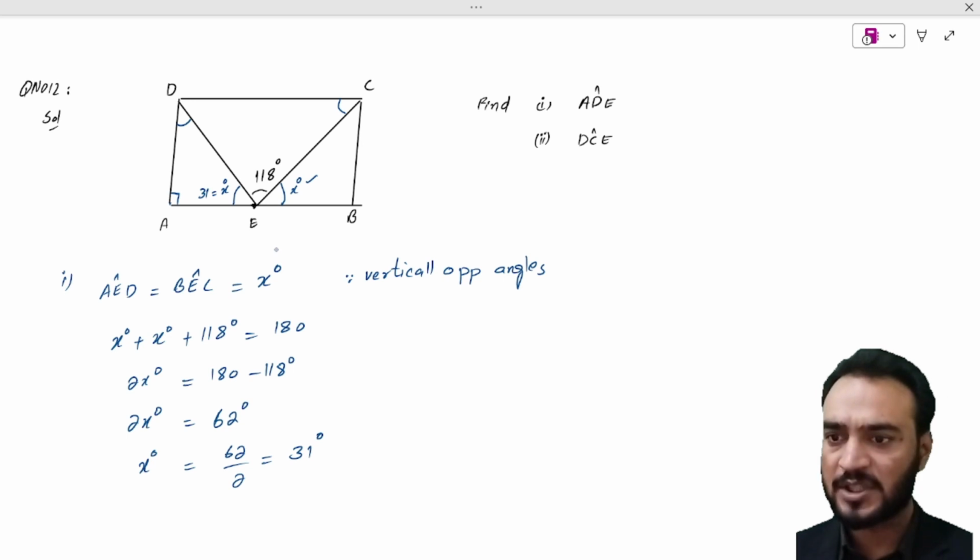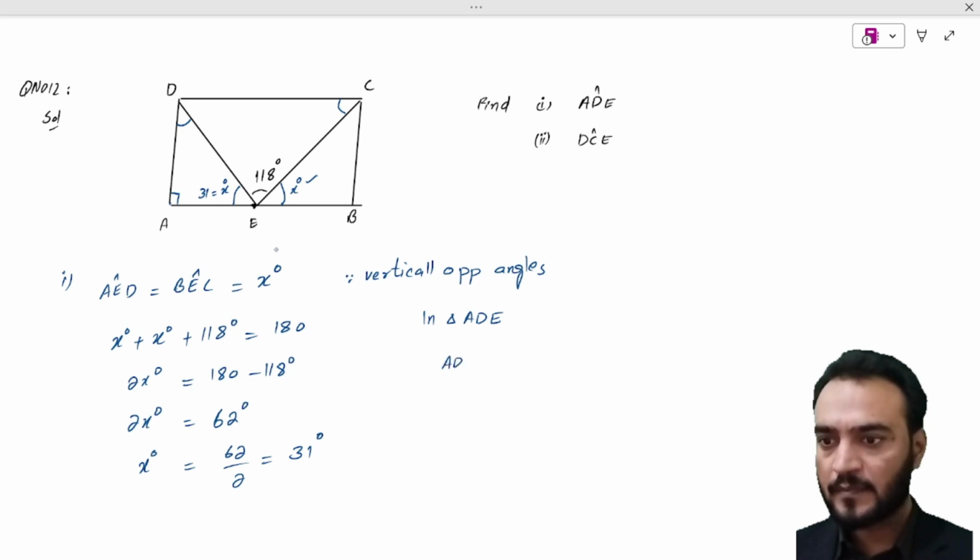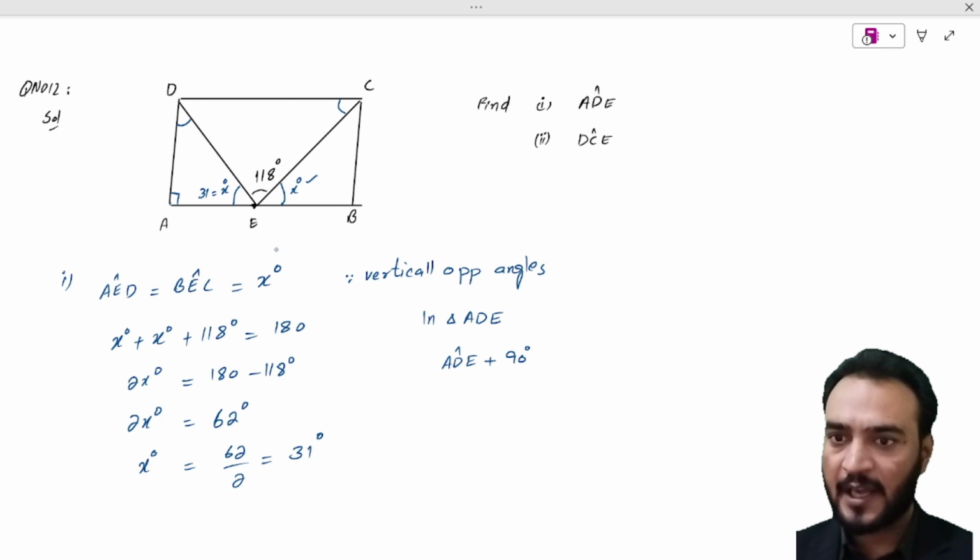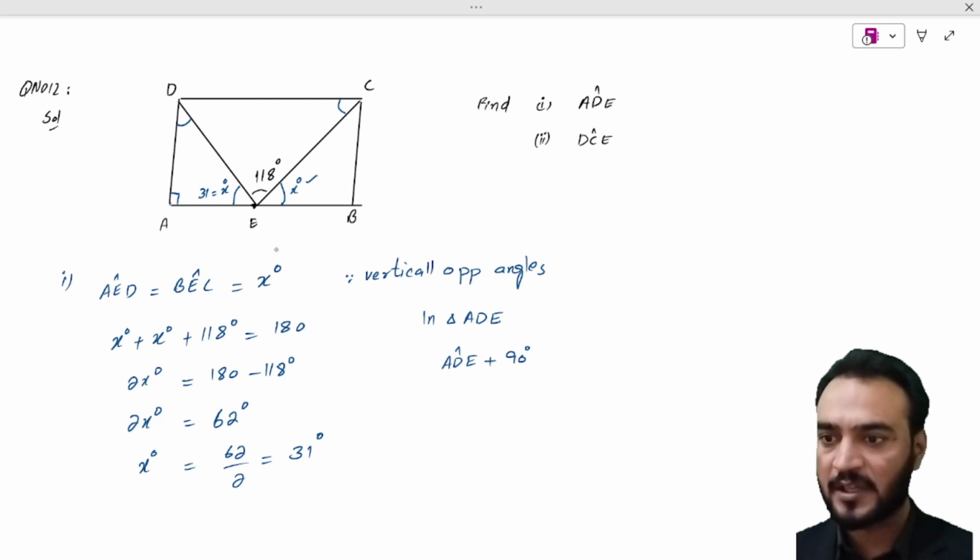Considering the triangle ADE, the angle ADE plus the angle at point A, which is 90 degrees, and the angle AED, which is x degrees, and the value of x is 31 degrees.